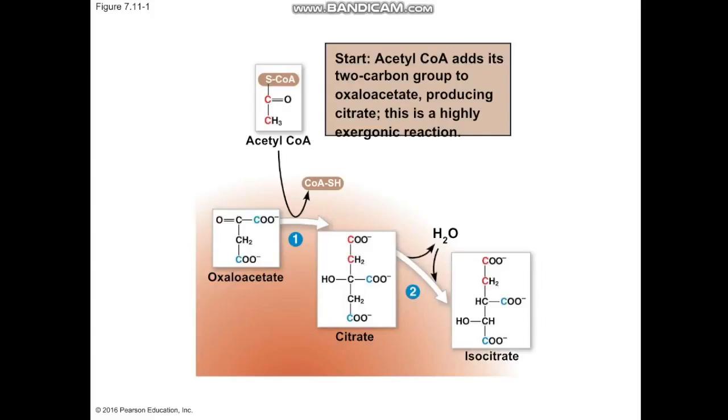Basically what's happening with those is that 2 carbons are being added each step in the form of acetyl coenzyme A, and then 2 carbons are exiting the cycle through carbon dioxide.